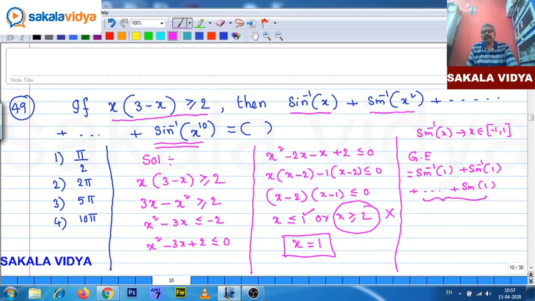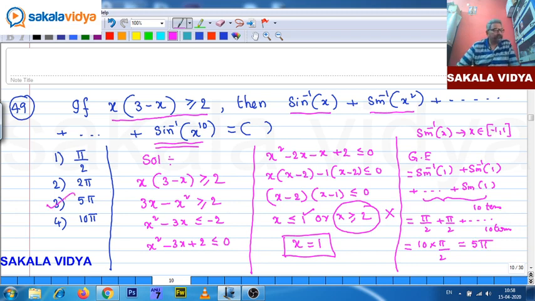This is 10 terms we have. That means sin inverse 1 is pi by 2 plus pi by 2 and so on, 10 terms, that is equal to 10 times pi by 2, whose value is equal to 5 pi. So, third option.